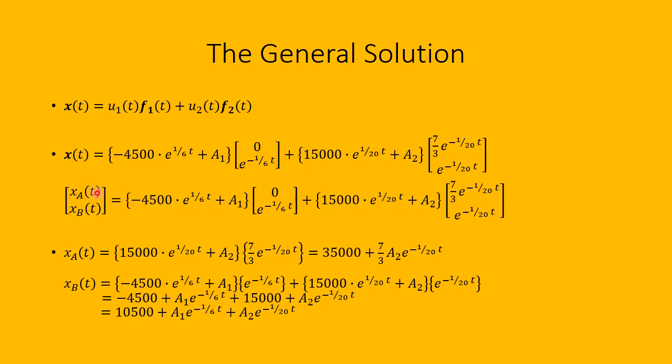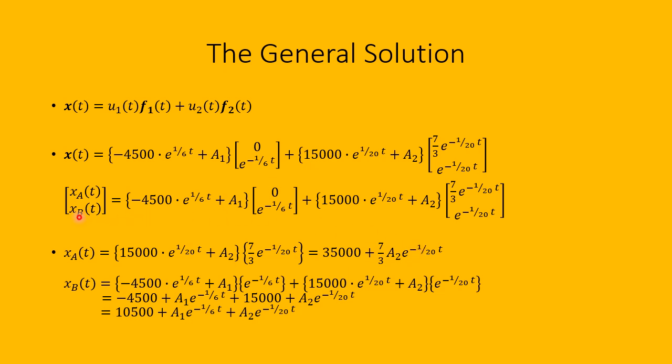And then if you look at the first component, x of a of t is this stuff times 0 plus this stuff times 7/3 e to the minus 1/20th t. That's what we get here, and it can be simplified to this.